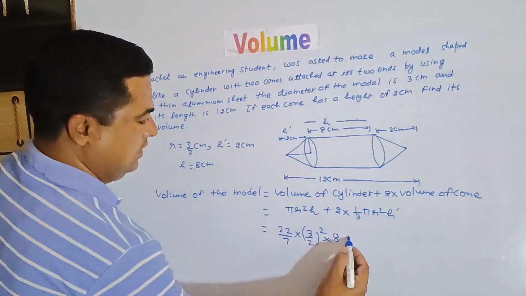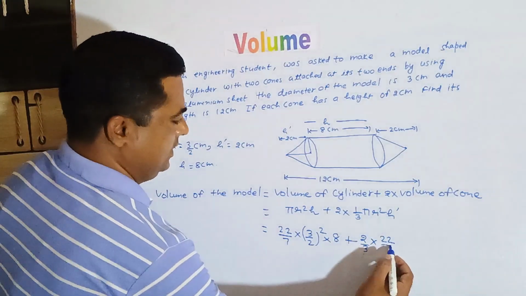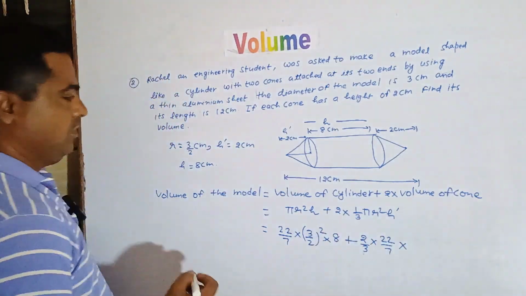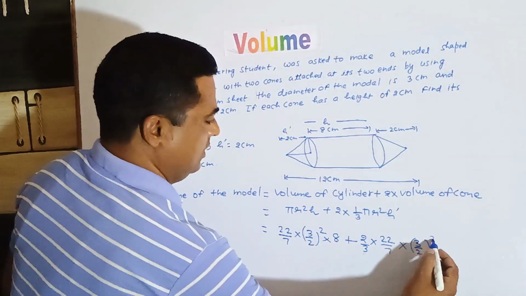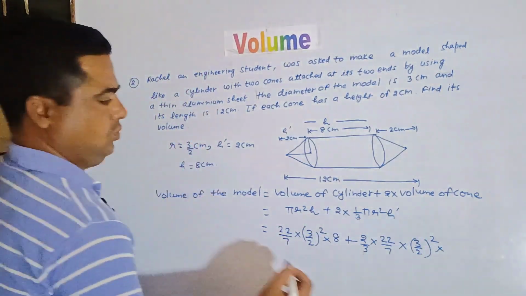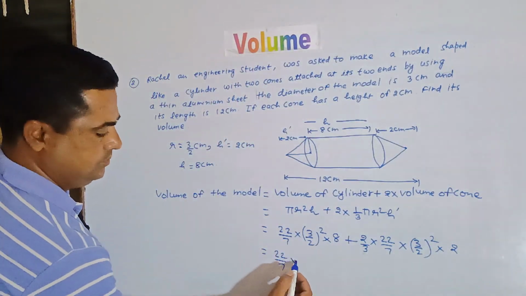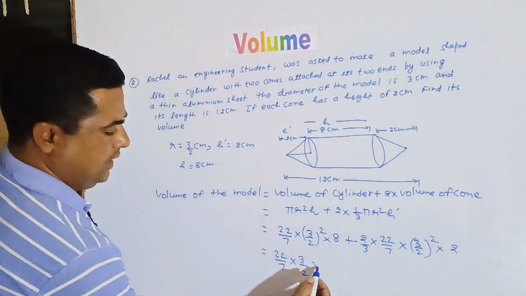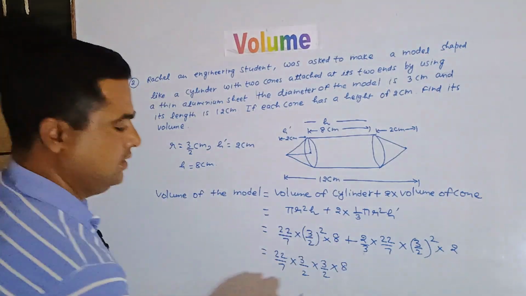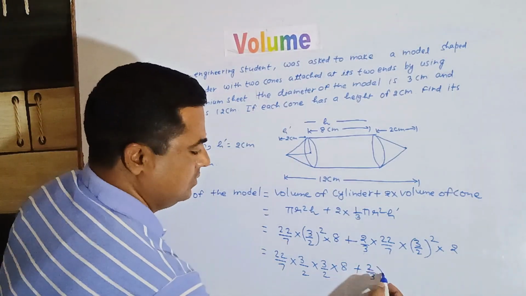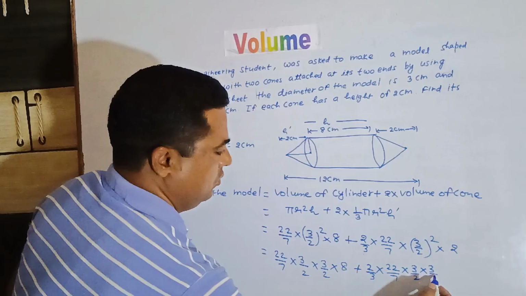This is 8 plus 2 by 3, the value of pi, this is 22 by 7, and the value of radius r is 3 by 2 whole square, and the value of h dash, this is 2. Correct? Now what will we do here? We will write here 22 by 7, 3 by 2 into 3 by 2 into 8.